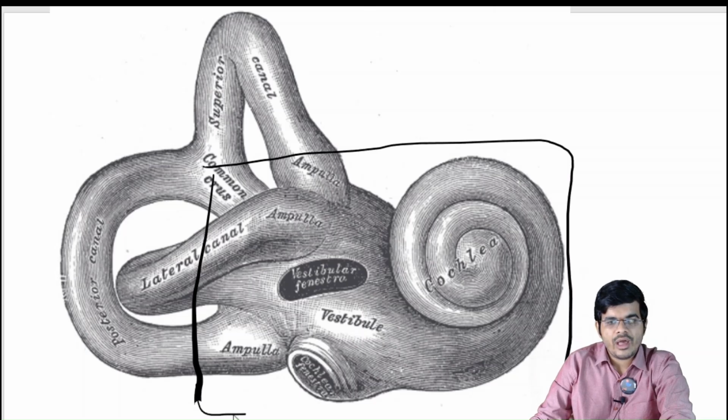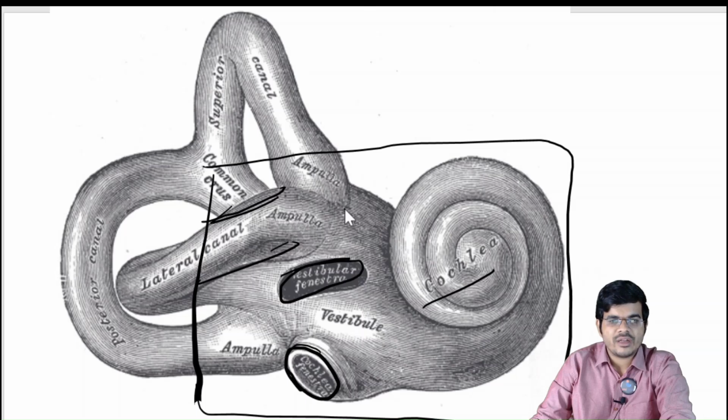On the middle ear you have the round window in the postero-inferior part, and you have the oval window above that. And you have the promontory here, formed by the basal turn of the cochlea. Here is the bulge of the lateral semicircular canal, and just below that you have the facial nerve going like this.